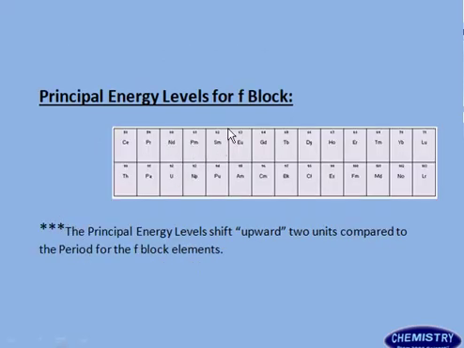And for the F block, the energy levels actually shift upward 2 units. So whereas these are in period 6, their principal energy level is 4. These are in period 7, principal energy level is 5. So we need to recognize the blocks, and we need to recognize these principal energy level numbers that are associated with each layer in each block.